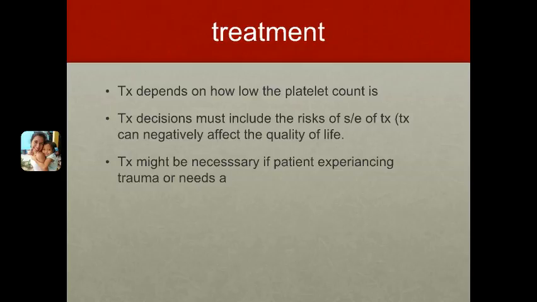Otherwise, patients are put on steroids and receive the Phlebogamma, but most often that is because they are symptomatic. Otherwise, treatment can negatively affect the quality of life, and patients can become severely depressed and concerned.